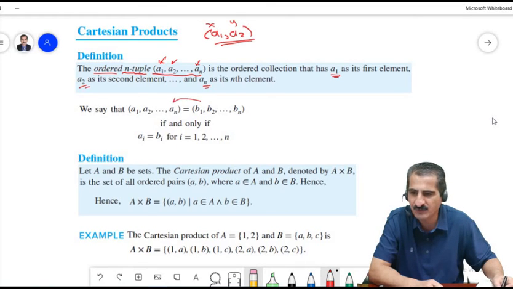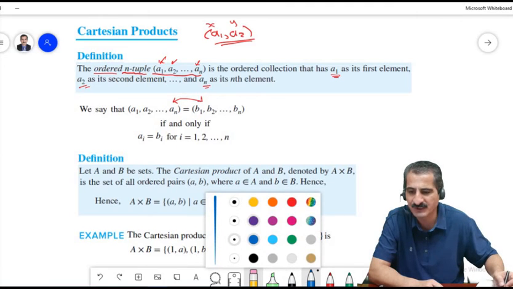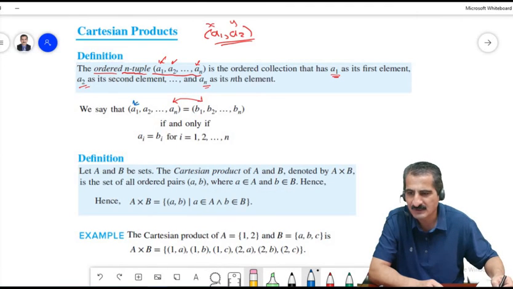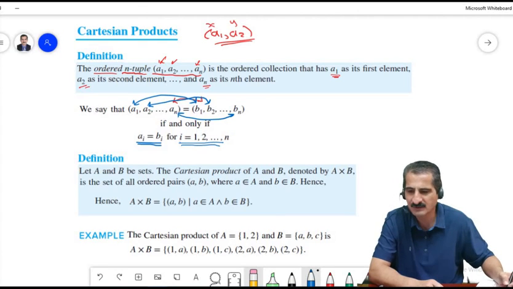Now, for two ordered n-tuples to be equal, we must have that corresponding coordinates are the same, which means the first coordinate here must equal the first coordinate there, the second must equal the second one, and so on till we reach the last one. And this is written as ai equals bi for every i from 1 to n.